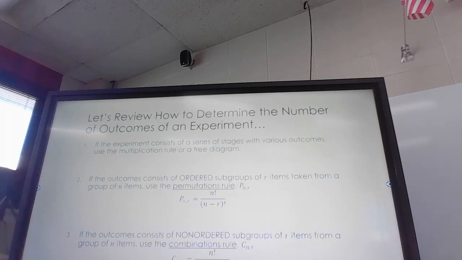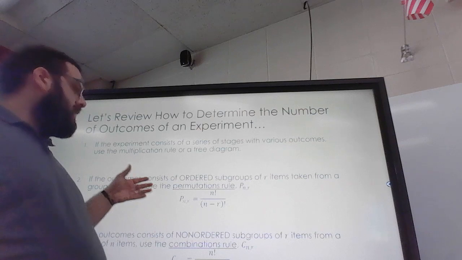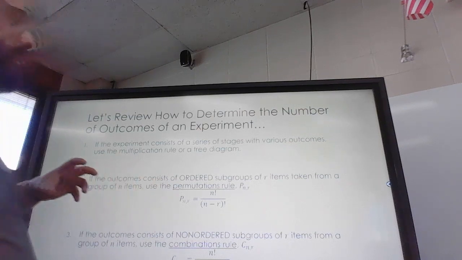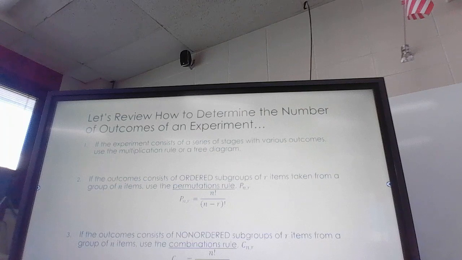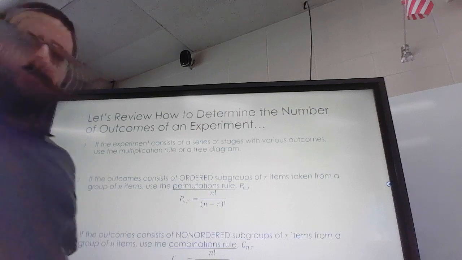But if your experiment and your outcomes consist of arranging items in a particular order, then you use permutations. Now, if you're taking arrangements of objects where the order doesn't matter, then you use a combination.